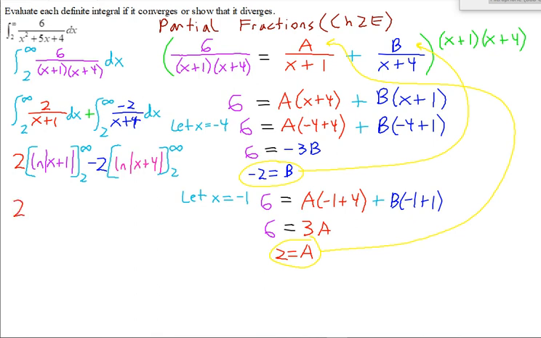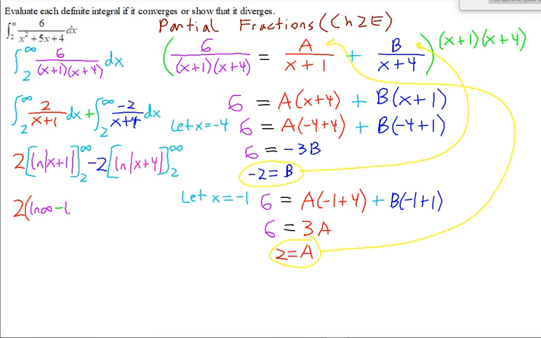So 2 times, and then when you plug in infinity, well, plus 1, just like we did with our limits to infinity, is negligible. When you add 1 to infinity, it's just infinity, so that would be natural log of infinity, minus, when you substitute in 2, natural log of 3. Notice the absolute value signs are there because sometimes you get negative numbers and the absolute value changes them to positive.